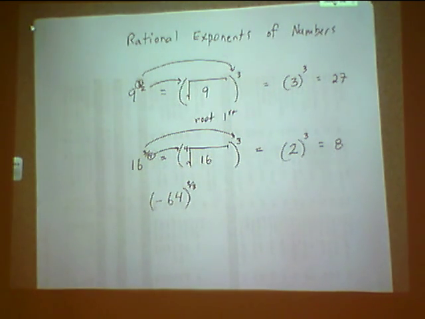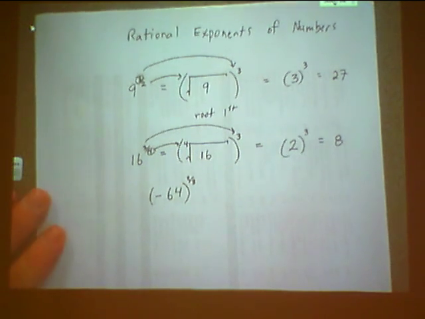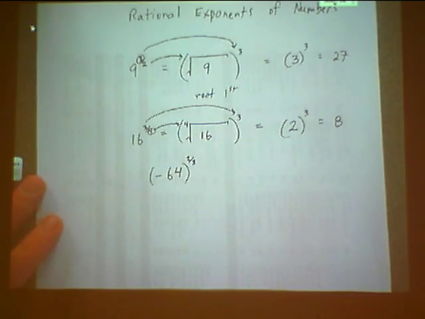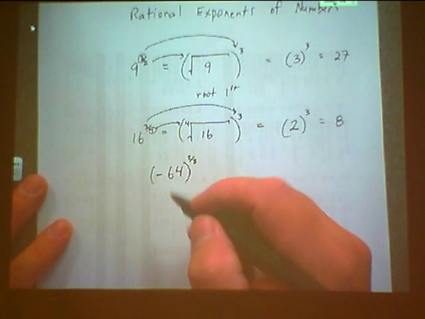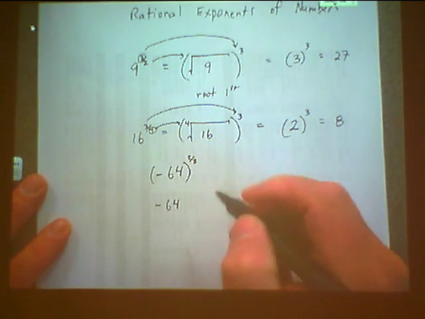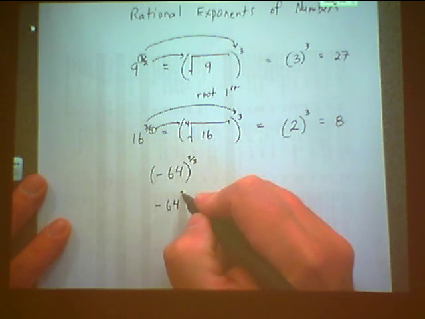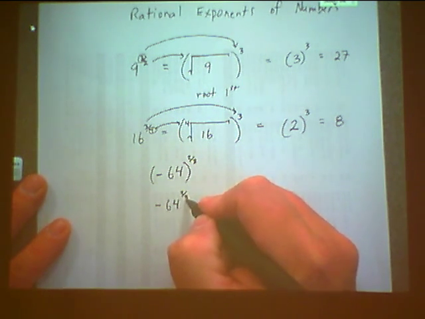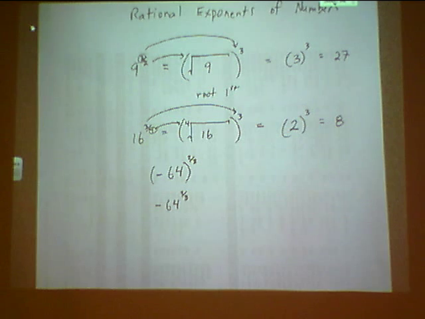Now let me just, as a learning point, give you another problem that looks very similar, but is really not the same. If for some reason I had written negative 64 raised to the 2/3 power, these are actually very different problems. The parentheses makes all the difference.